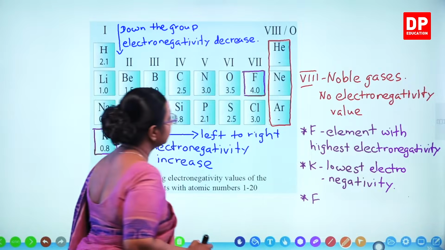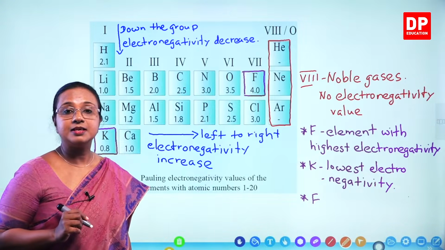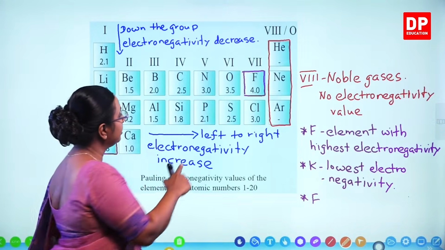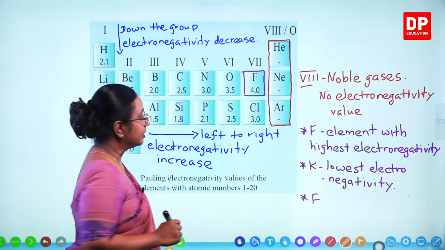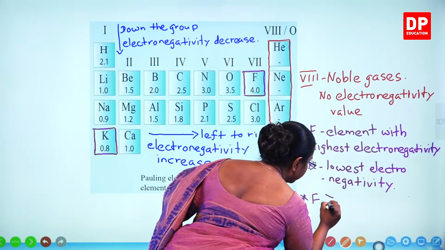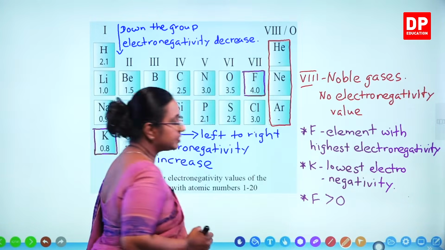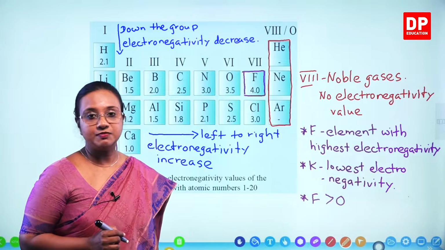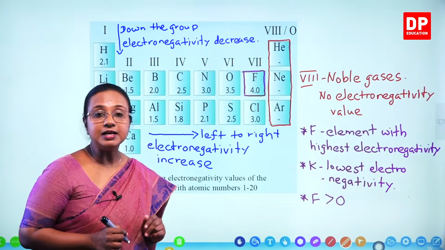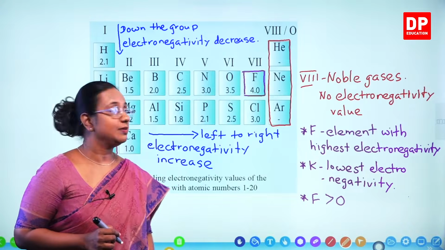the element that has the second highest electronegativity value is oxygen, with a value of 3.5. So, oxygen is the second highest in electronegativity value. Then the third element, there are two elements.